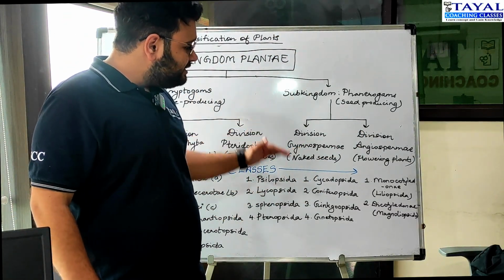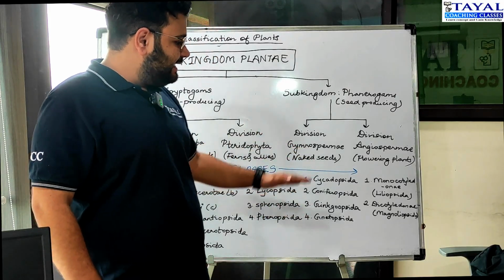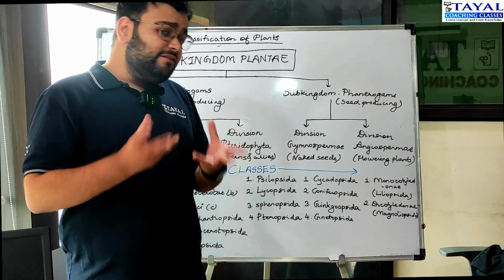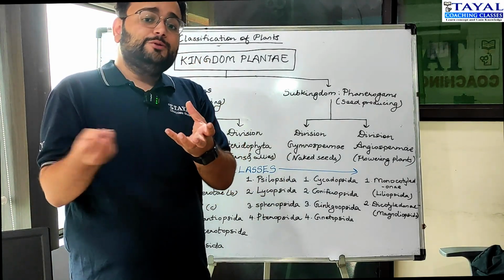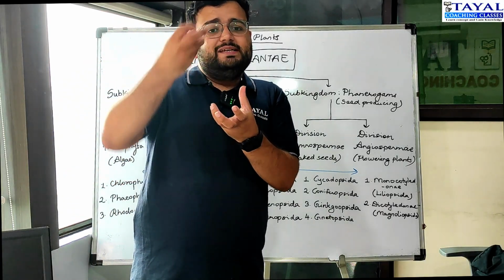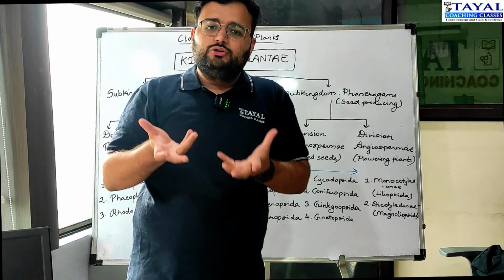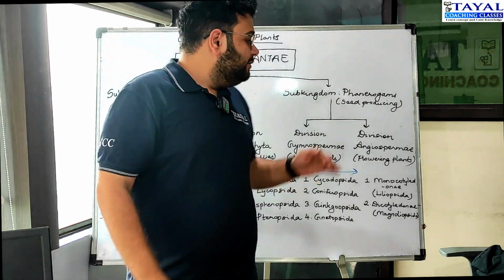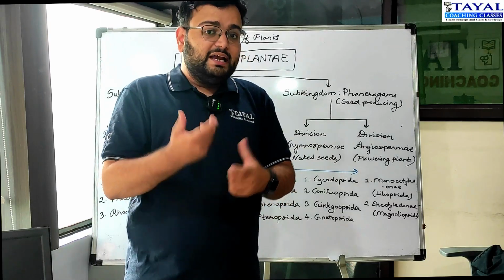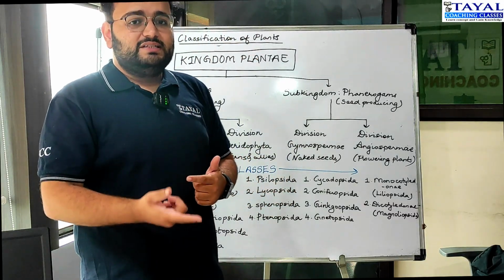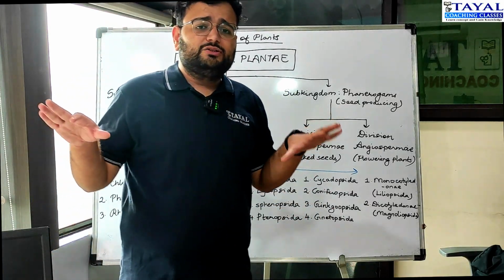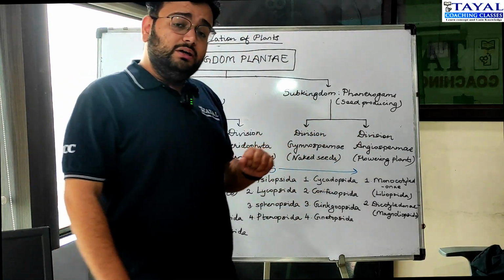In the Gymnosperms there are 4 classes: Cycadopsida, Coniferopsida, Ginkgopsida and Gnetopsida. You might have seen conifers, their seeds are on the outside and not inside. But Angiosperms have flowers which develop into fruits, and inside the fruit they will have the seed. So these are the flowering plants, that is Angiospermae.